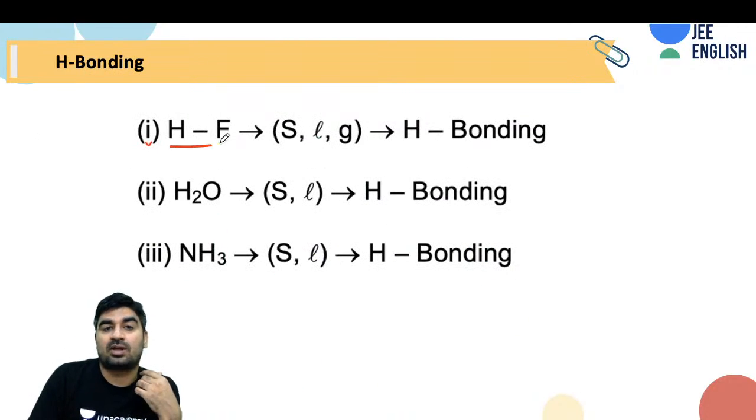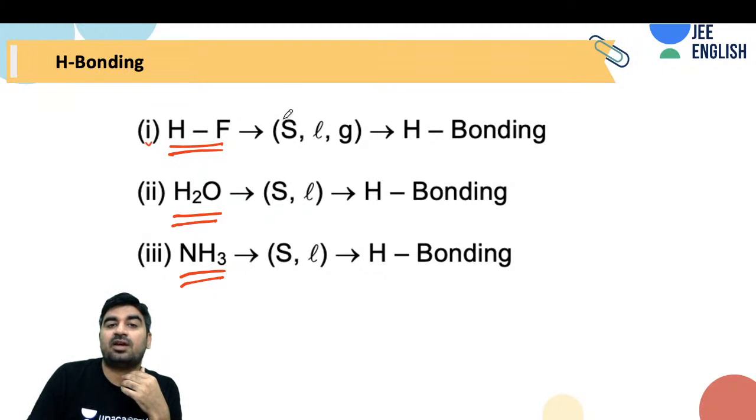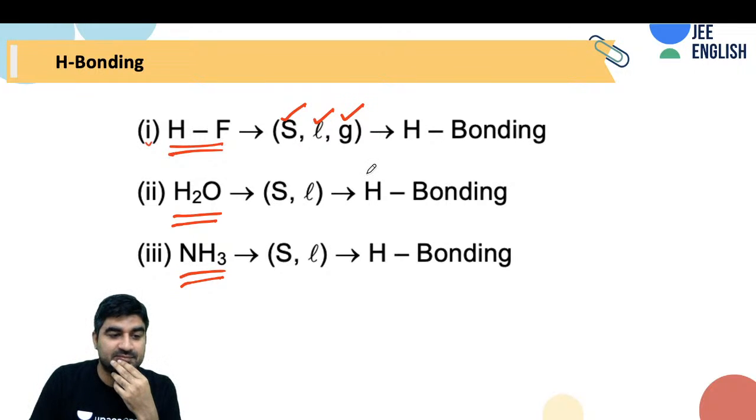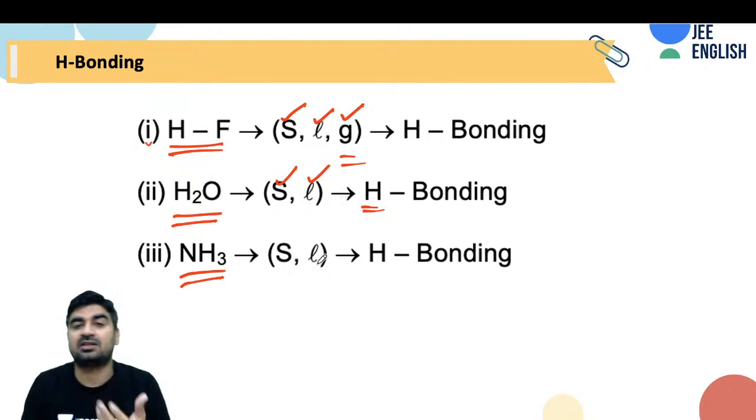Now I'm talking about HF, H2O and NH3. In HF we have hydrogen bonding in solid, liquid as well as gaseous phase. In water we have it in solid and liquid. No hydrogen bonding is there in the gaseous phase, meaning in steam there is no hydrogen bonding.